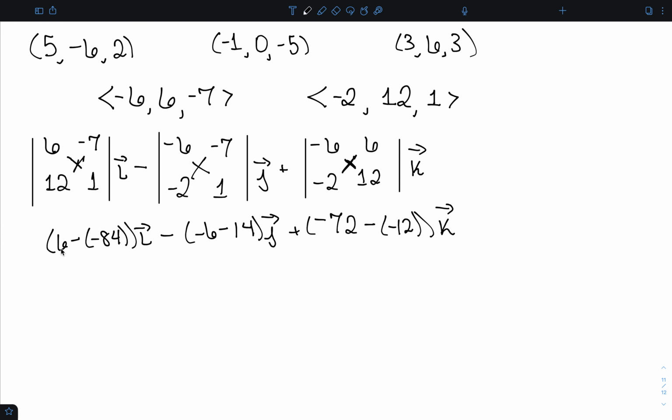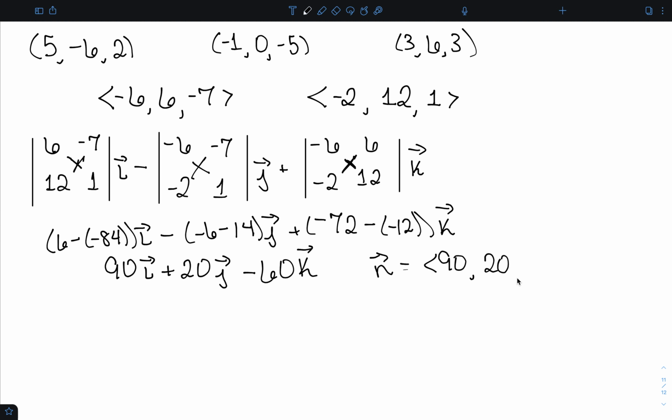This then simplifies. 6 plus 84 is 90i. -6 minus 14 is -20. The extra negative makes this plus 20j. And -72 plus 12 is -60, or -60k. So my normal vector is given by 90, 20, -60.